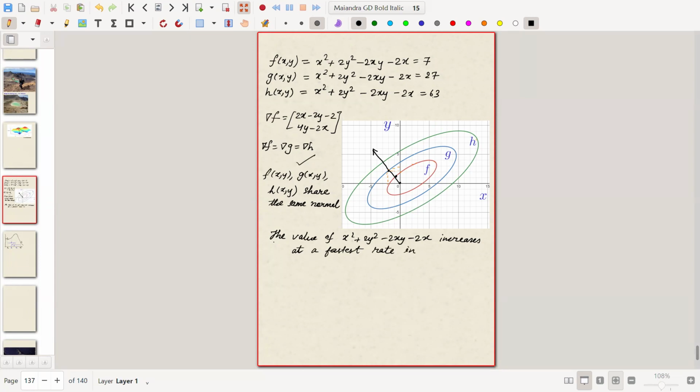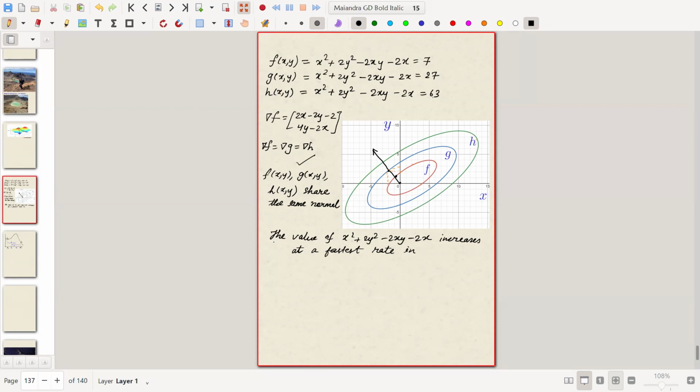In which direction? So the value of x square plus 2y square minus 2xy, this function increases at the fastest rate in which direction?